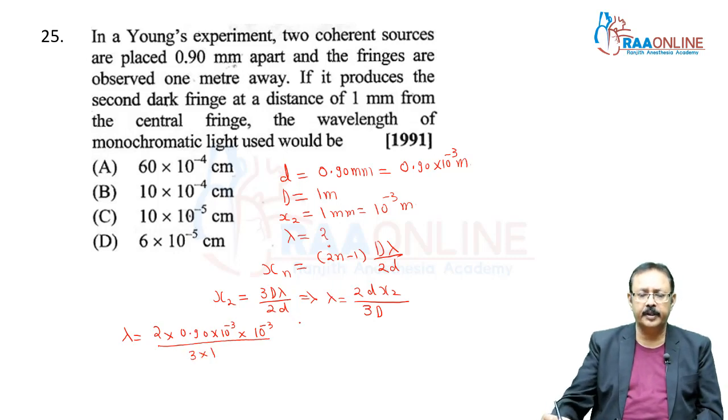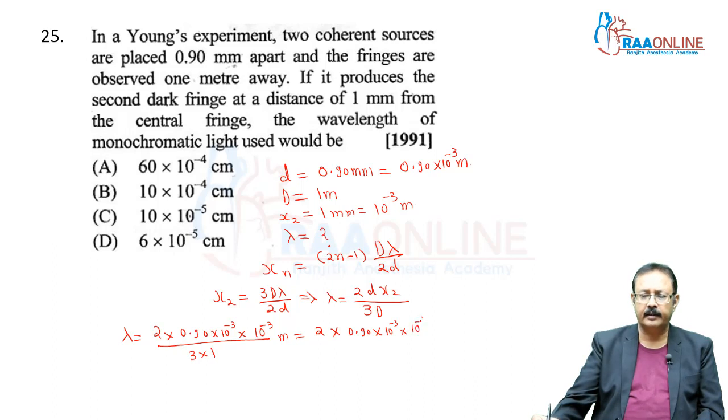We are getting the answer in meters, but all options are in centimeters. So by multiplying by 100, we will get our answer in centimeters. Now only calculation is left.